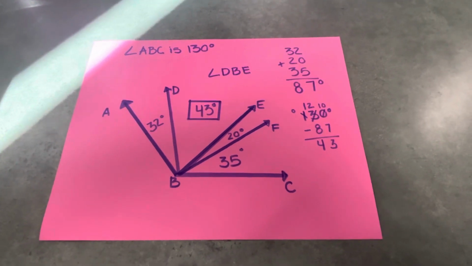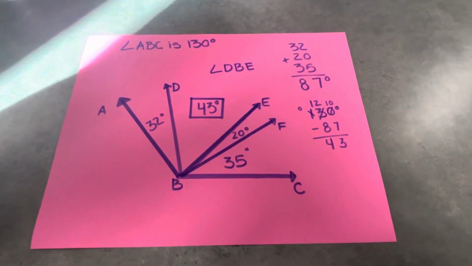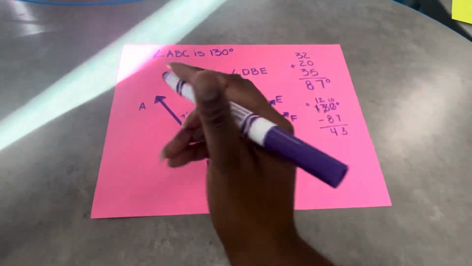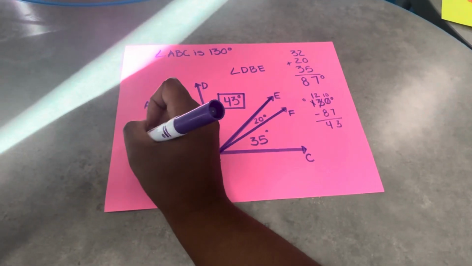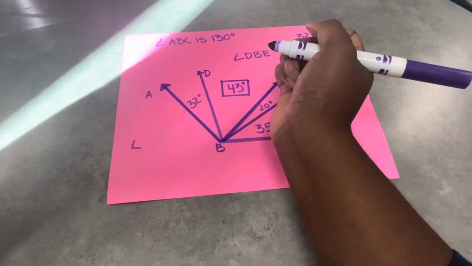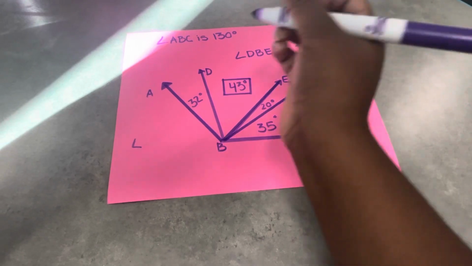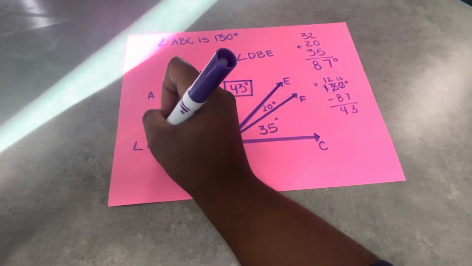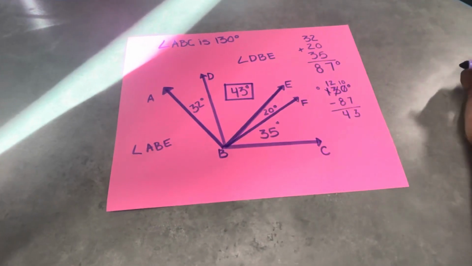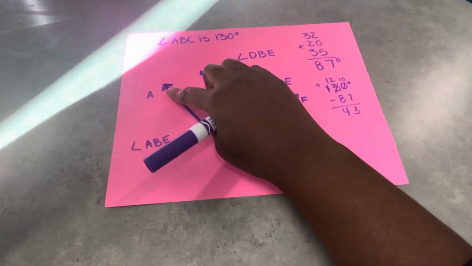The next thing that we need to think of when we see something like this is, okay, so now I know what this missing angle is, but what if they added one more detail to it? What if I was asked, what is angle ABE? So now I have ABE.